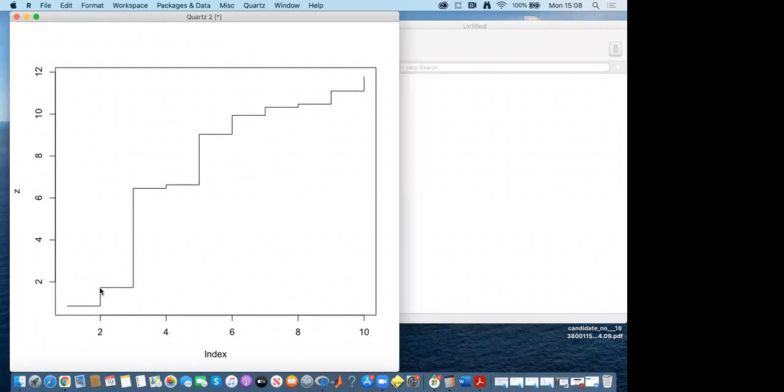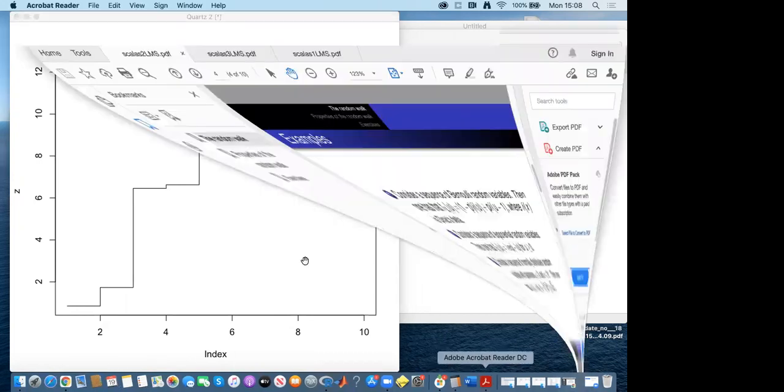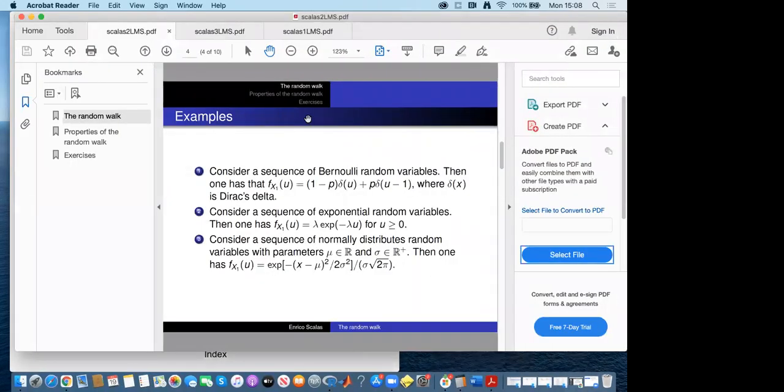So in French, it would be continue à droite, limite à gauche. Yes, so this is an instance of random walk related to example 2. Actually, it is somehow a simulation of example 2.